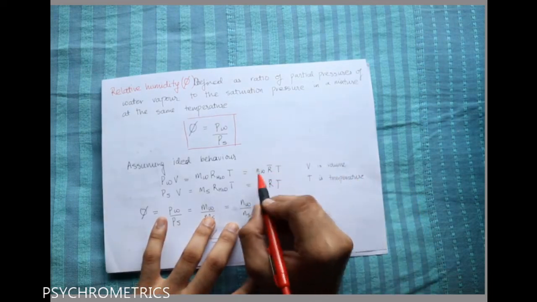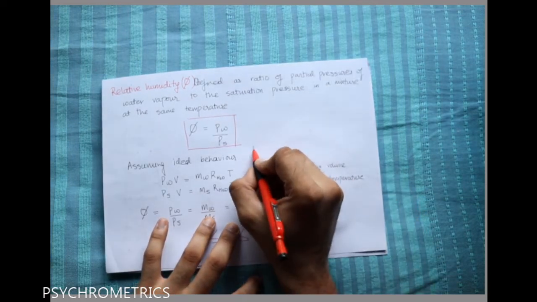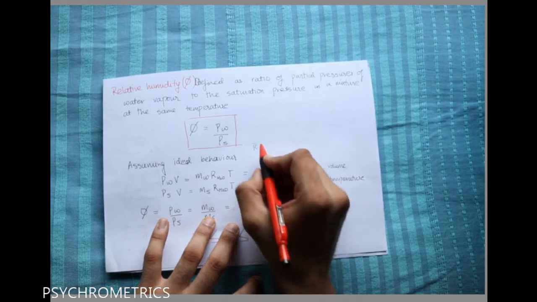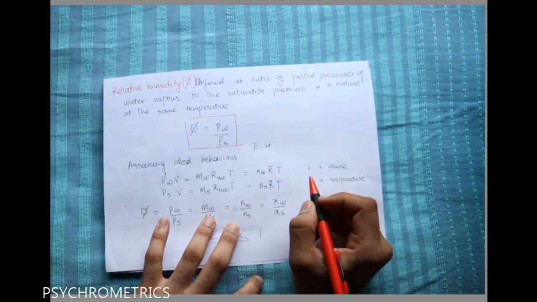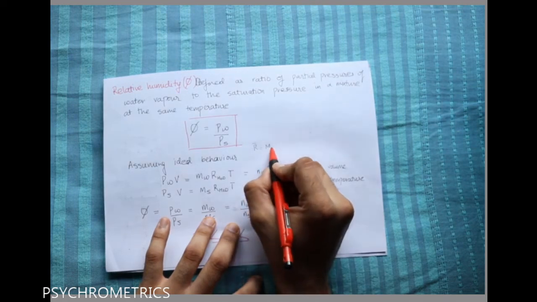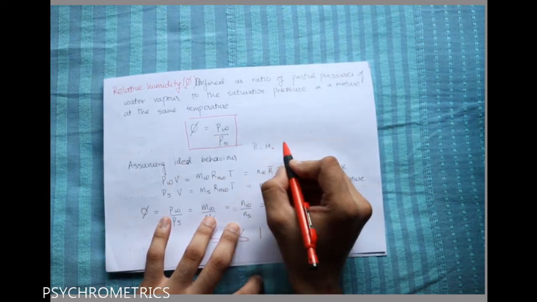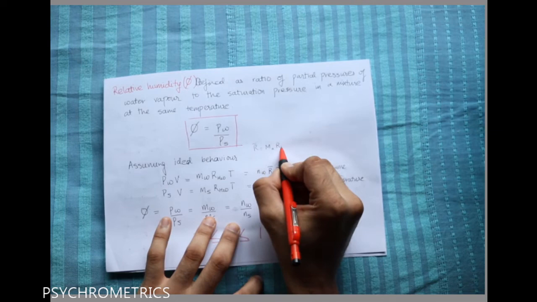Now we know that the universal gas constant is equal to the molar weight of any gas X times its gas constant.